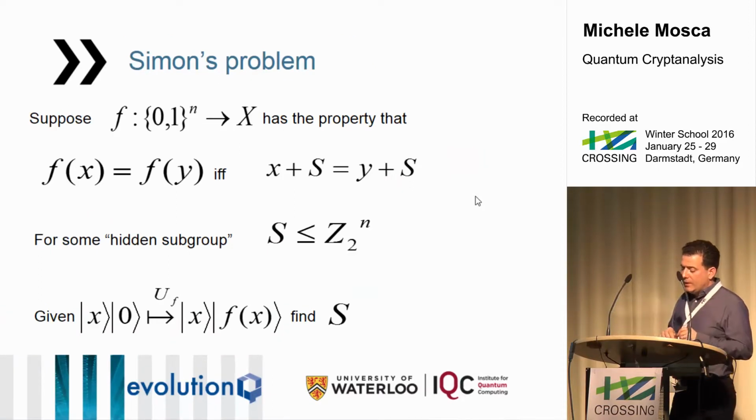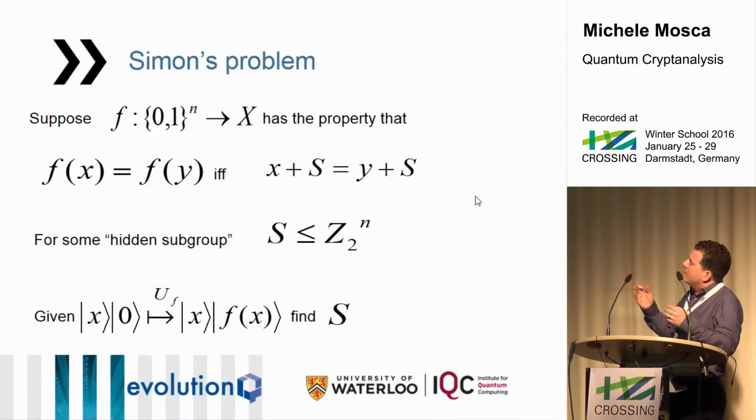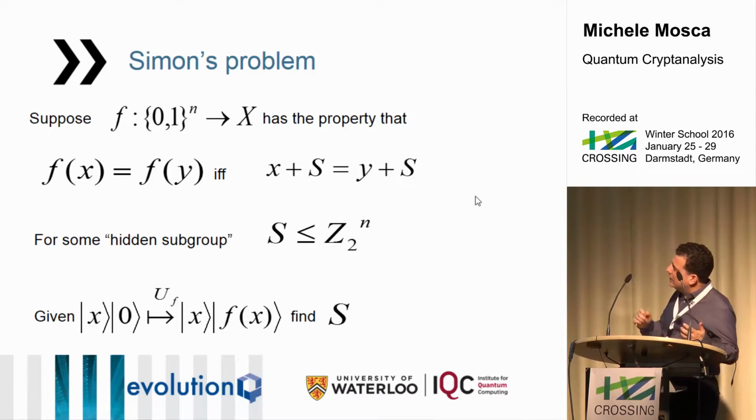So Simon defined an artificial problem just so we could construct an exponential speedup quantum algorithm. He said, suppose you have an n-bit function that maps n-bit strings to, let's say, n-bit strings, with the property that f of x equals f of y if and only if x and y produce the same coset of s.